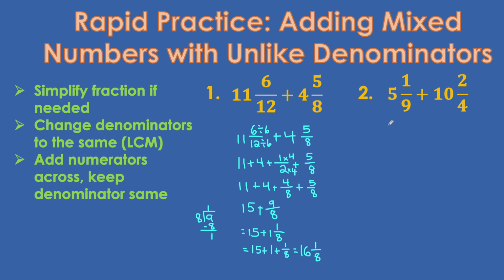We have 5 and 1/9 plus 10 and 2/4. This 2/4 can be simplified. We're going to divide top and bottom by 2. That's the greatest common factor between 2 and 4.